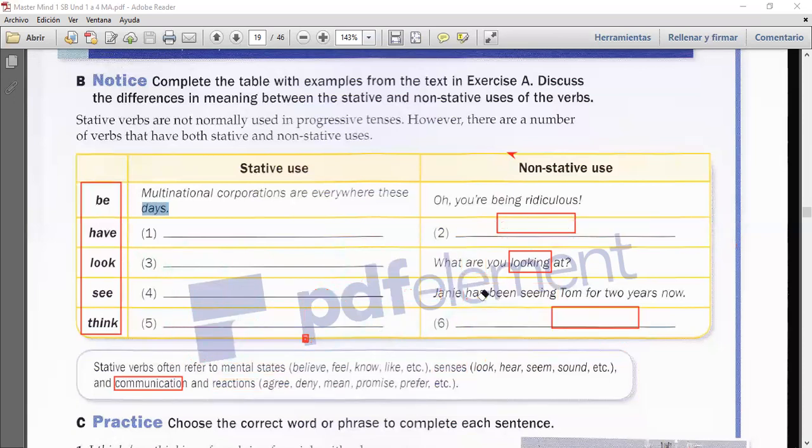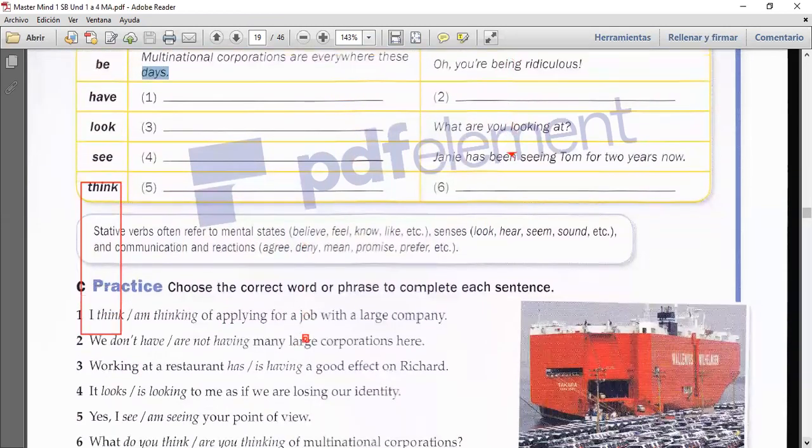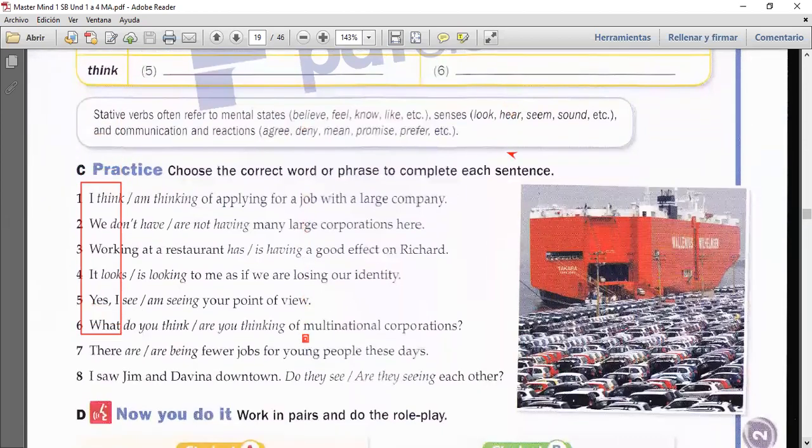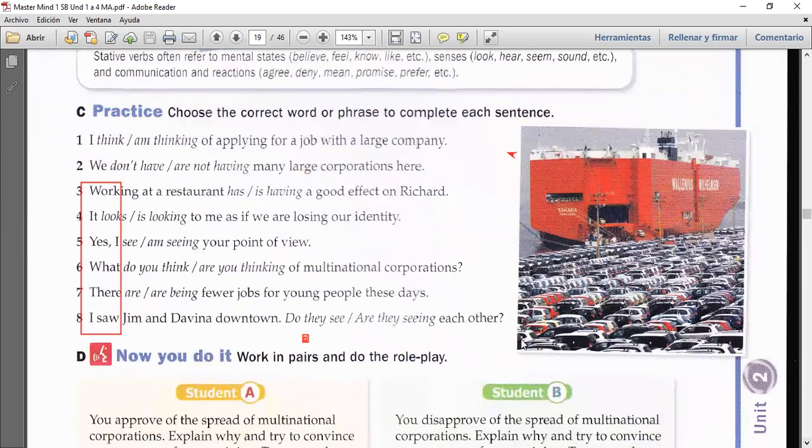Okay. Let's continue now. What do we have? Practice. Now let's practice. It will help you a lot also to recognize that a stative verb is non-stative in this context. So you have 1 minute to think, and I will ask you one by one.